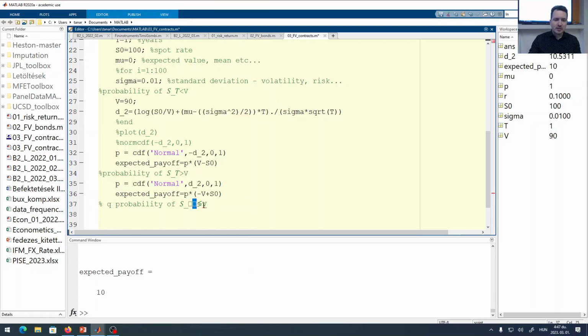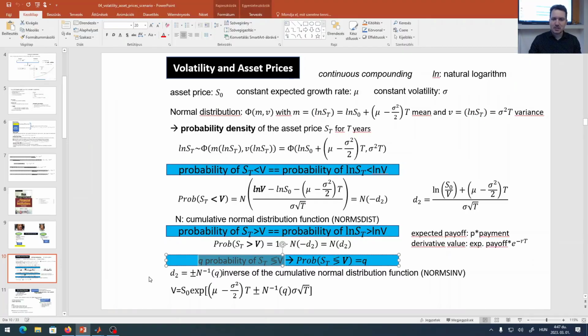It's so good that it's able to import these special characters as well. Other Matlabs were not able to do that. And now we can see that before it was normal distribution, now it's the inverse.